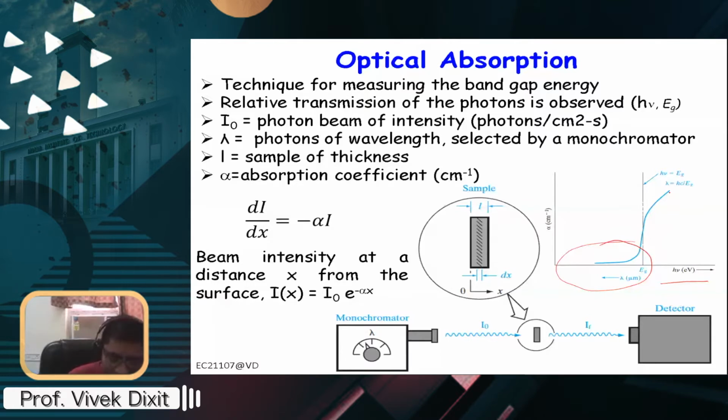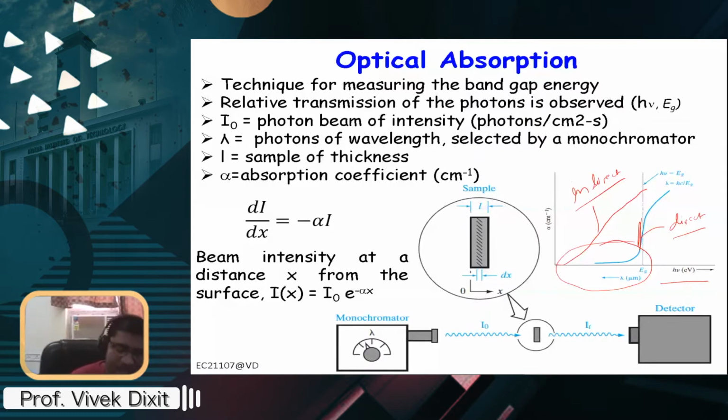So this is due to the difference in the materials. Where the curve is sharp, they are basically called direct band gap, right? Where the curve is gradual, they are called indirect band gap. Please remember this term, and we will discuss more about these two types of semiconductor in coming slides.